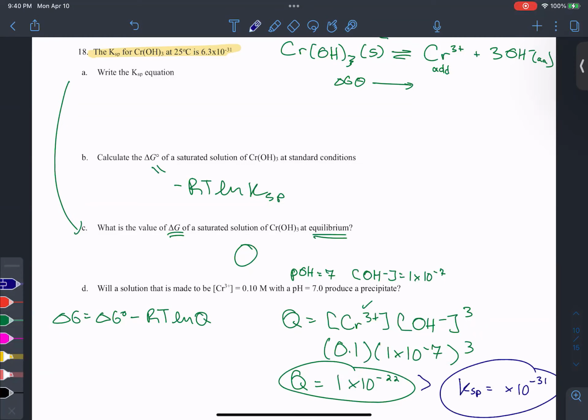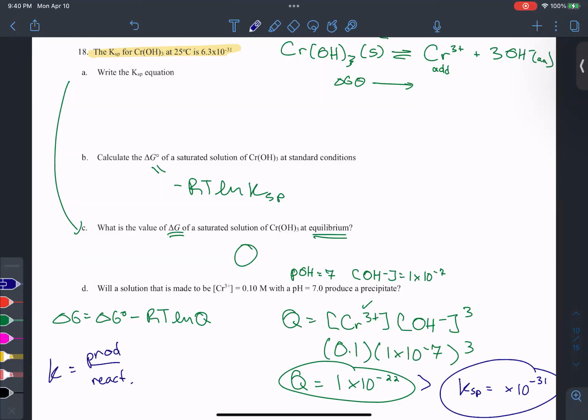Okay, so remember, K generically is products over reactants. So if K or Q is big, you have too much what? Products. K equals products over reactants. So if Q, which is also products over reactants, is bigger than K, you have too much products.